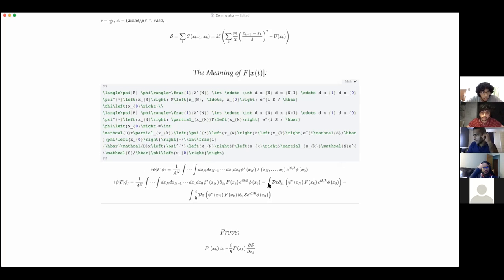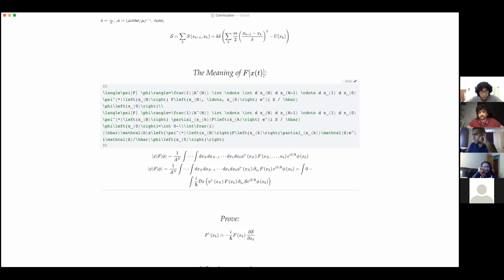Now this first term is 0 because it's a total derivative. So this whole thing is 0, since the integral of 0 is just 0. And this i over h bar is sitting in a weird place, notation-wise, so I'll move it.